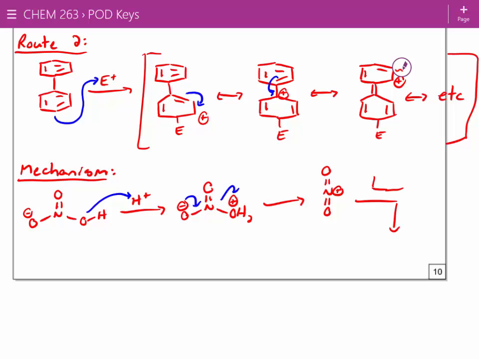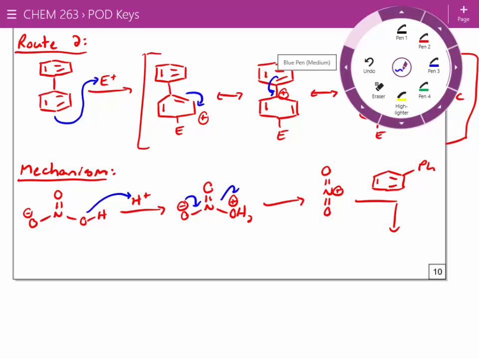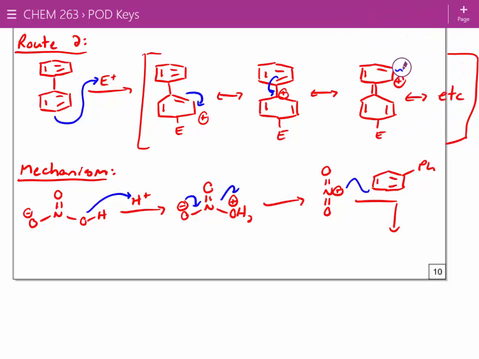And the benzene ring, I'm just going to label this Ph. We said it is going to attack in the para position. Kick up electrons. Have a positive charge here.